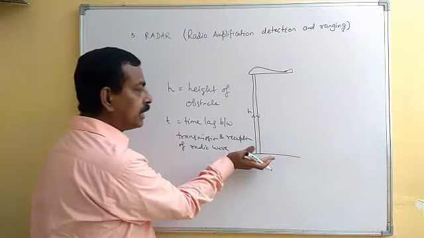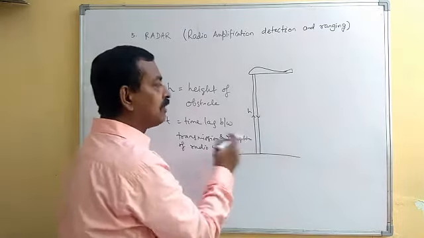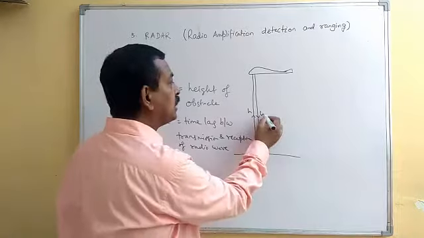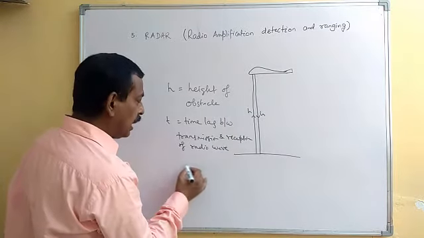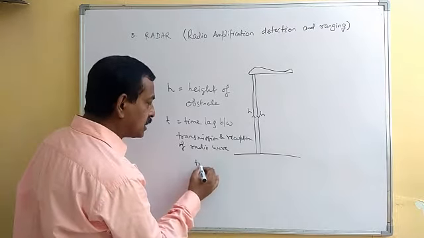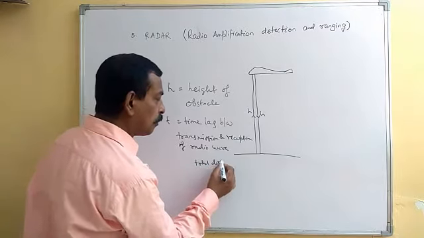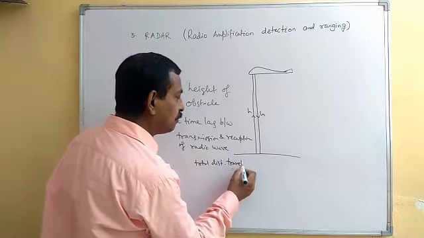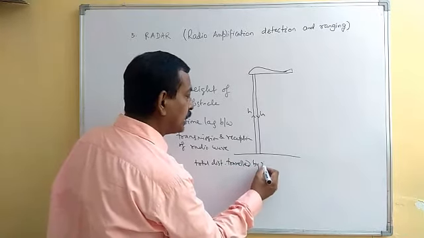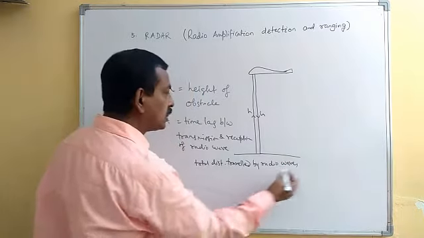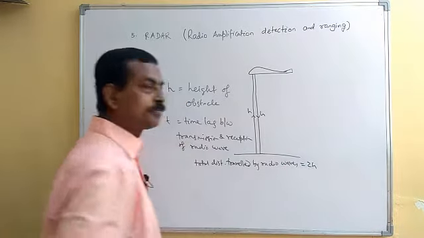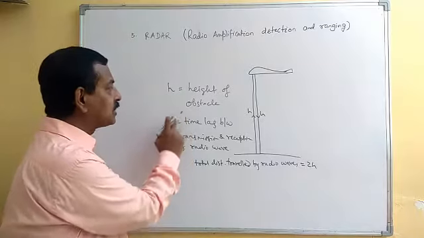So here the total distance traveled by radio waves will be equal to h plus h, so the total distance traveled by radio waves is equal to 2h, and the time lag is t.